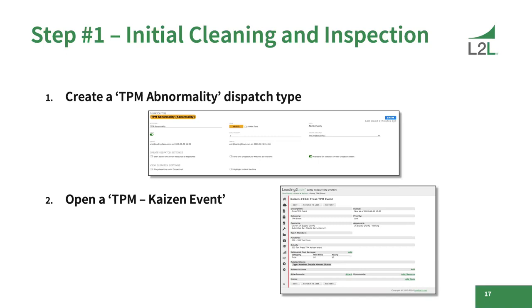You create this Kaizen event around concentrating on this one piece of equipment. Then I would go out and actually do a Kaizen event around this piece of equipment, and I would start off with that autonomous maintenance process, start to clean and inspect and start going down this road that I was talking about earlier, right?